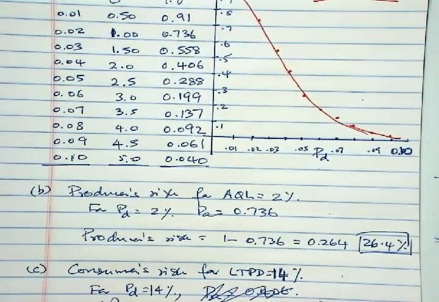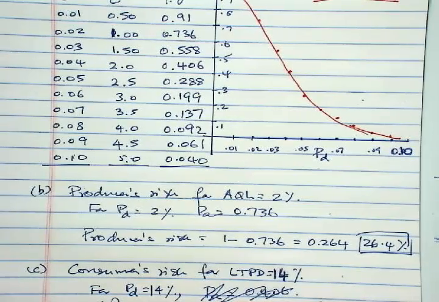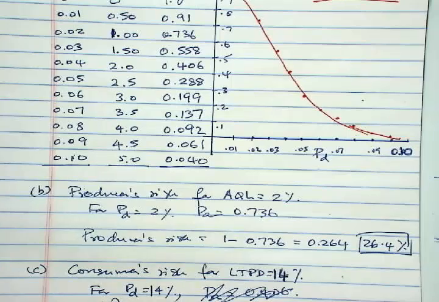Consumer's risk is the probability of accepting the bad lot. So it is 0.007 or 0.7%. So this is pretty good. Consumer's risk is pretty good, but producer's risk is high.